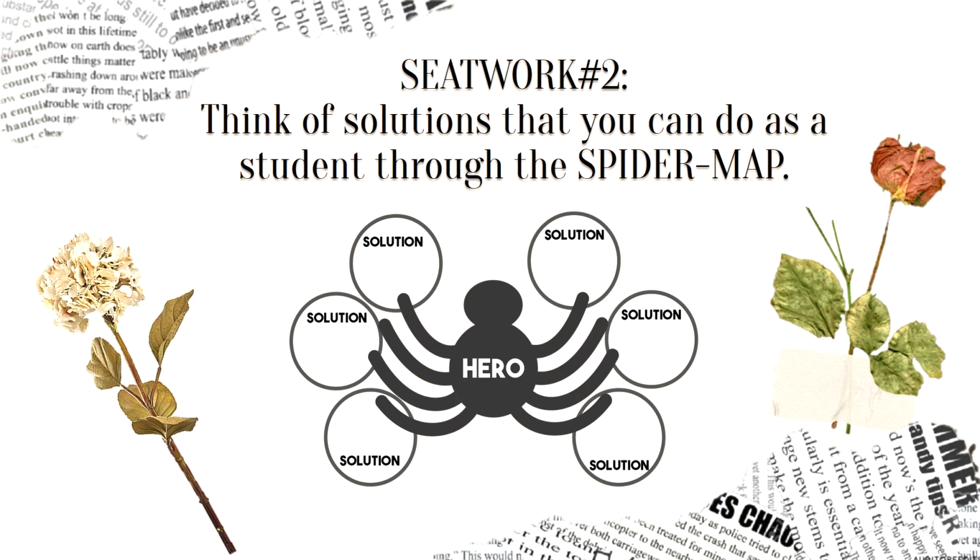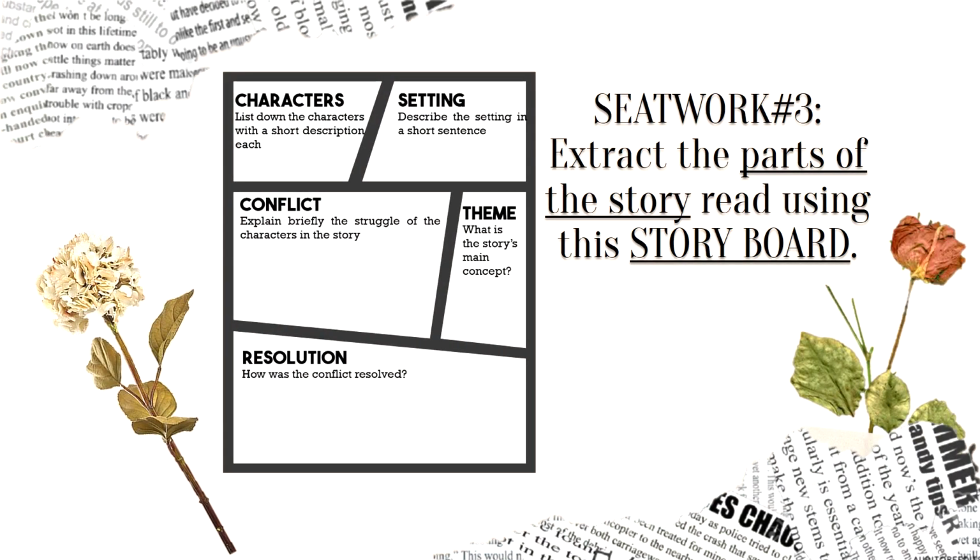All you have to do is copy this spider map on your answer sheet and provide possible solutions that you yourself can accomplish in order to help people survive the coronavirus.